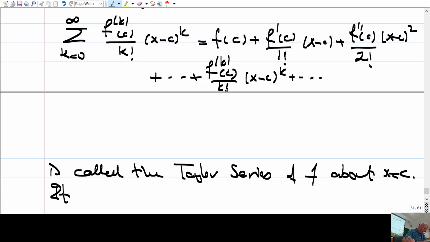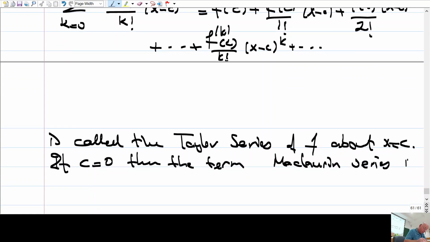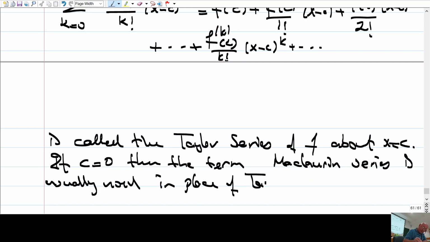If c equals 0, then the term Maclaurin series is usually used in place of Taylor series.